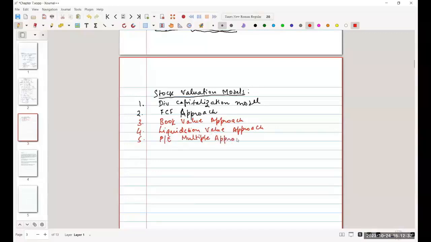Rather than knowing nothing about the value of the stock, it gives you at least some idea about what might be the value. You can know the general vicinity within which the stock value might reside. So it's a quick fix to find a stock's value when you have nothing else at hand. So these 3 you will look up when you are reading through the chapter. The first 2 we will discuss tonight.